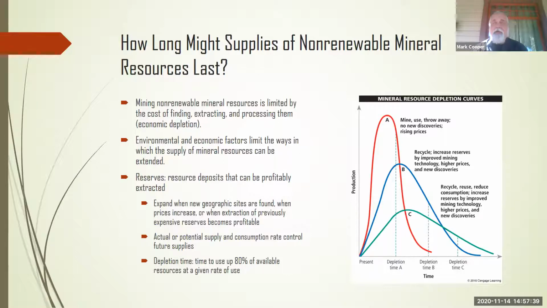Depletion time is actually calculated as the time it'll take to use up 80% of the resources at some particular rate. I do want you to know that definition, but I can't give you a figure for any one mineral or expect you to know it, because that can change with finding new sources, slowing the usage, things like that. But again, remember, they're all non-renewable, and that means eventually we will run out.